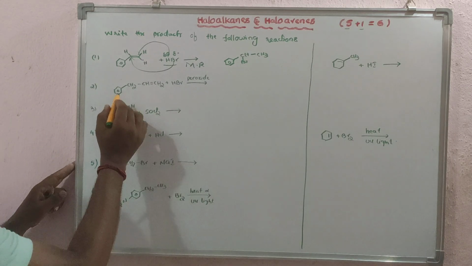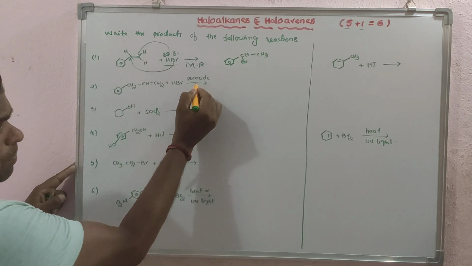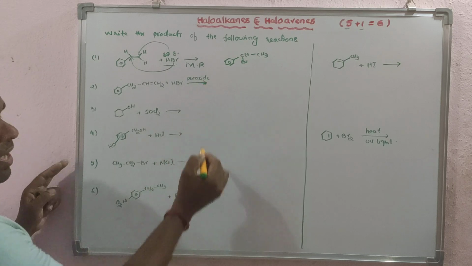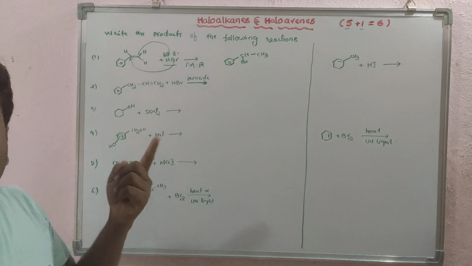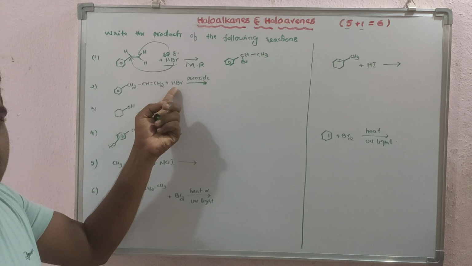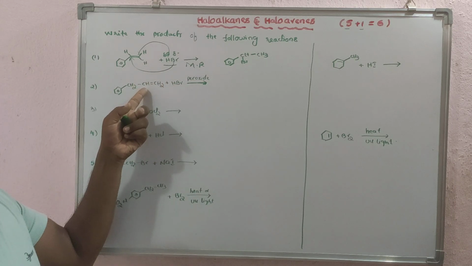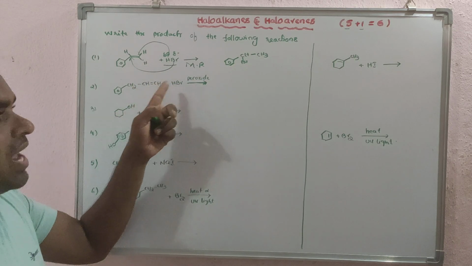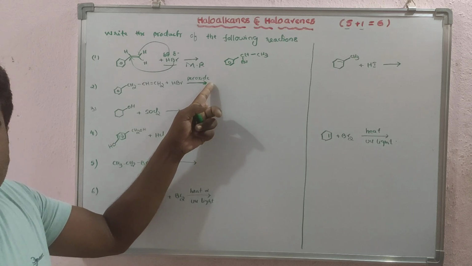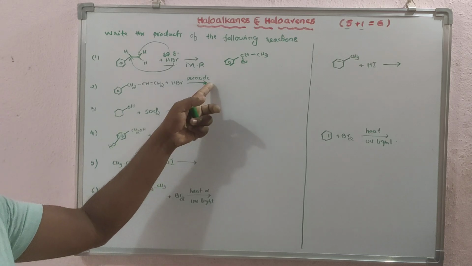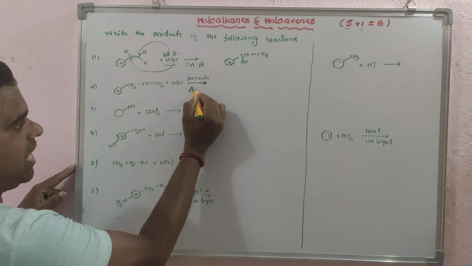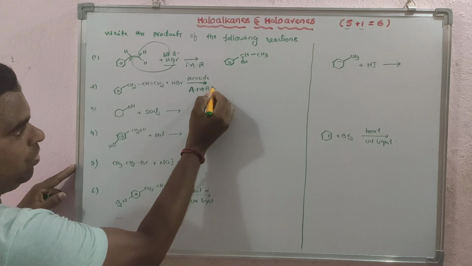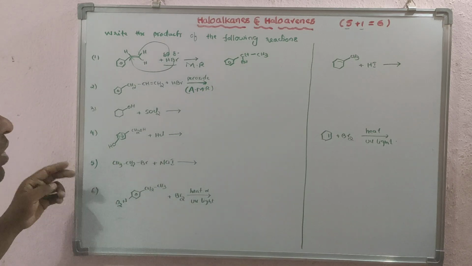Next one, another compound, HBr plus peroxide, as they have mentioned here. When peroxide is present with HBr and alkene, addition of HBr on alkene in the presence of peroxide follows the anti-Markovnikov rule. Clear? And you know how to write the product.